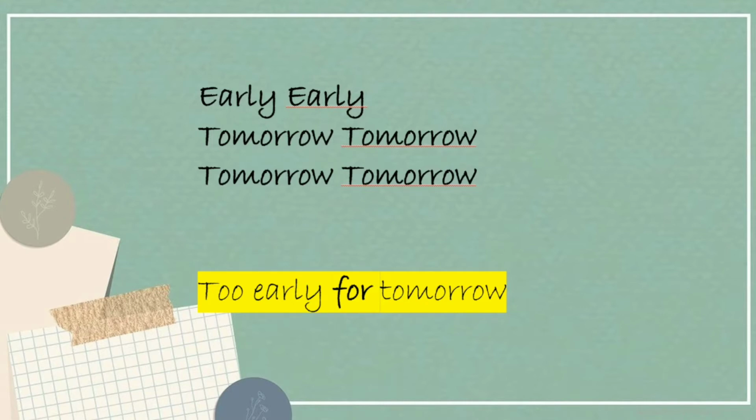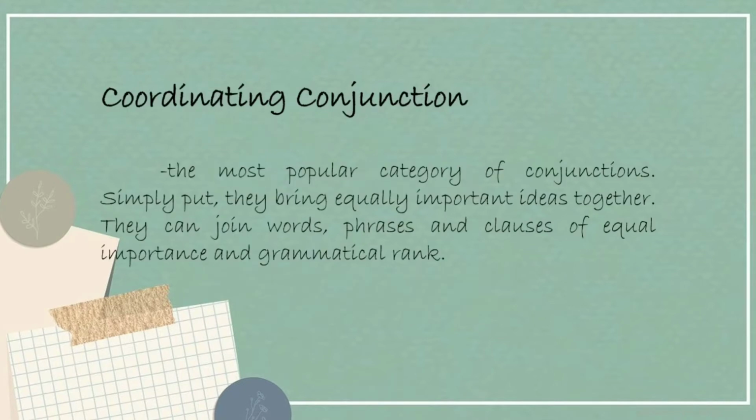The word two represents the number of the word early, so there are two words that say early, and then four words that say tomorrow. So it says too early for tomorrow. Those are just some words meant to exercise our brain to make us ready for the next topic. So let us now move on to coordinating conjunction.